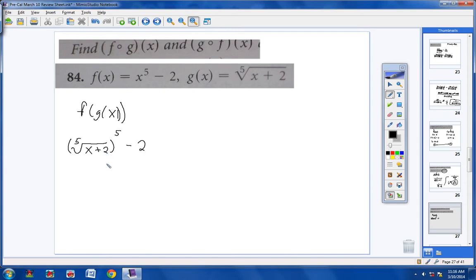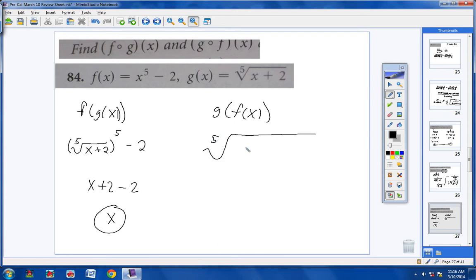Well, if you take a fifth root and raise it to the fifth power, you get just what's on the inside. So we're left with x plus 2 minus 2, which is x. Now, let's go ahead and find g of f of x. Take your g function, and everywhere there's an x, we're going to put a parentheses.